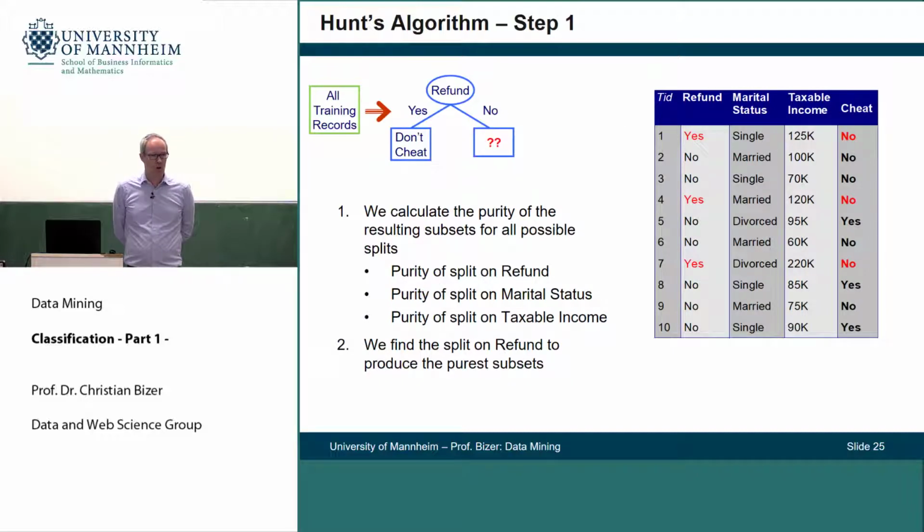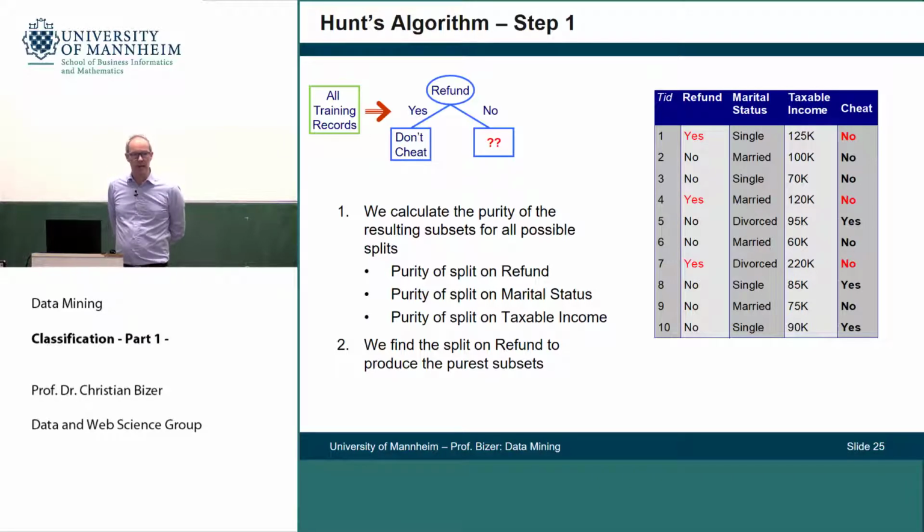A concrete example for this. We start with all our training records. That's the 10 records we see. We go through all possible splits. We check, okay, refund, what values do we have there? Yes and no. We see how clean the sub-buckets are if we split on refund. We compare this to how clean the sub-buckets would be if we split on marital status. We look at taxable income.